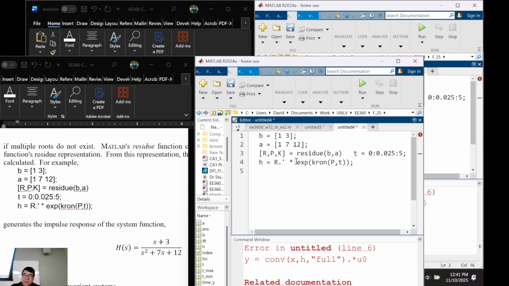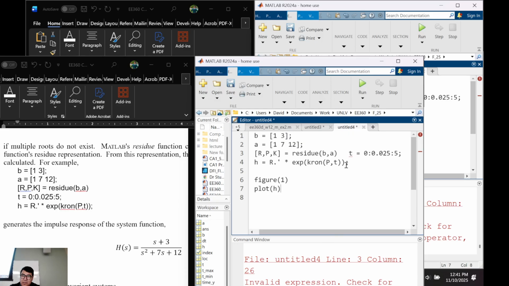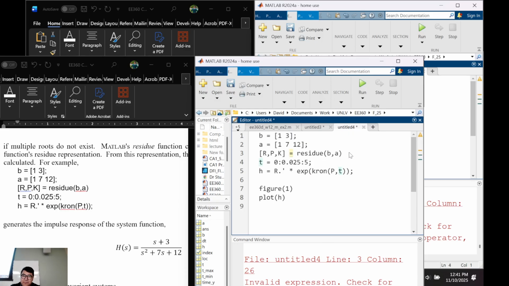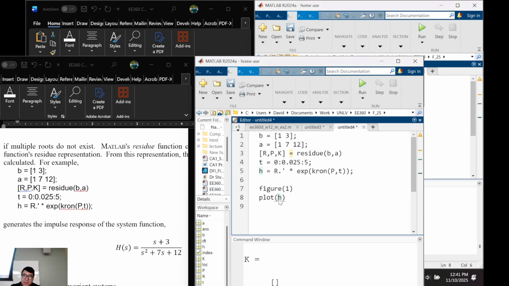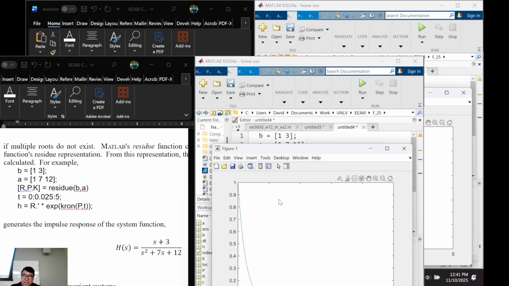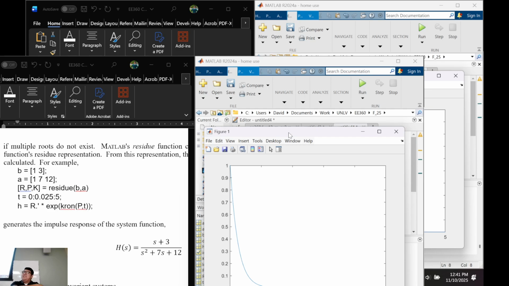X residue do. And figure 1, plot H. It's not right. Let's see. Ooh, look at that. T, H. You see how you guys are going to do your assignments now?